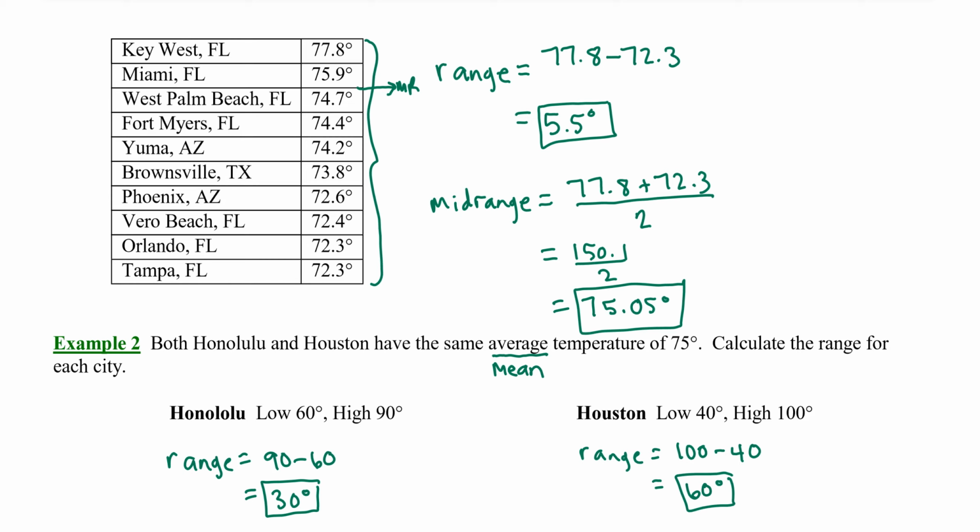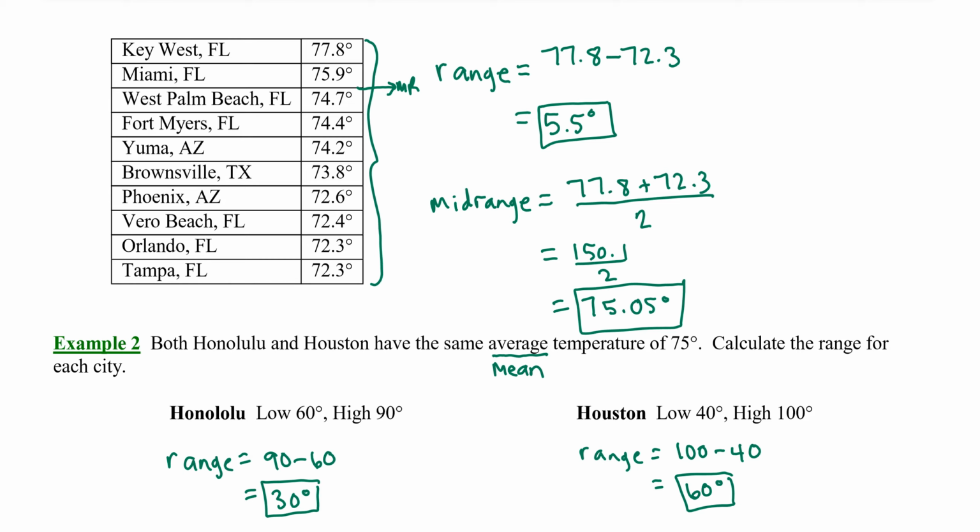So folks in Houston experience a difference between the lowest and highest temperature of 60 degrees, whereas those lucky citizens that live in Honolulu only experience a difference of 30 degrees. So even though these two cities have the same measure of central tendency, the same average or mean of 75 degrees, their ranges, because they're different, indicate that the two data sets are different and distinct.